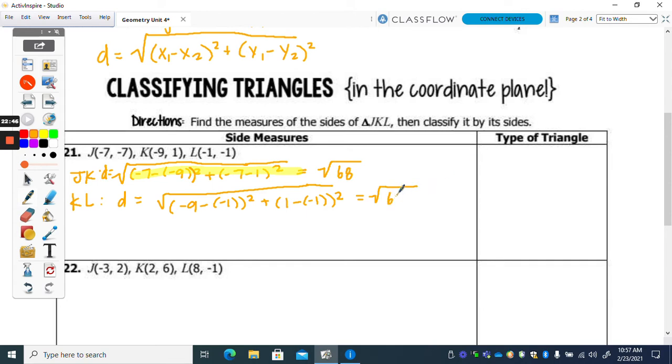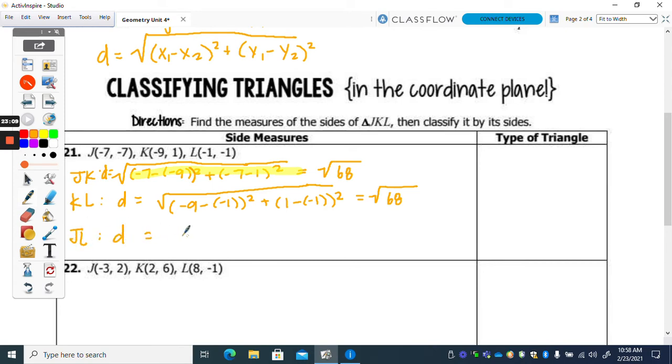Now I know it's not scaling, but it could be isosceles and it could be equilateral, right? So now I have to find the distance from J to L, that third side.